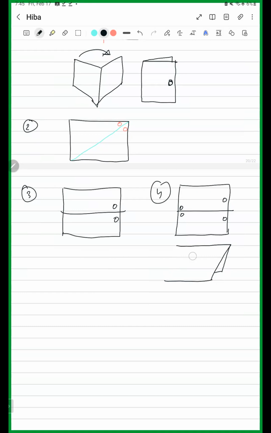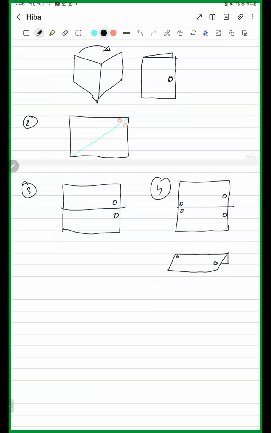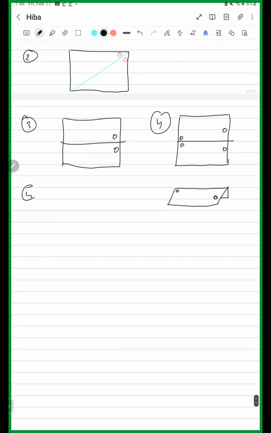Oh wait, I'm supposed to make it a little smaller. ठीक है? तो one hole is over here and one hole is over here. है ना? ऐसे ही लग रहा है ना हिबा? Yeah. ठीक है. Fifth question.